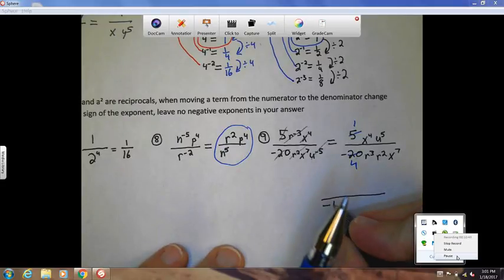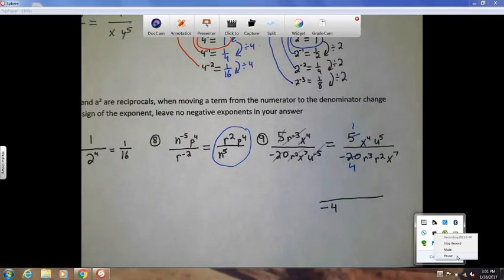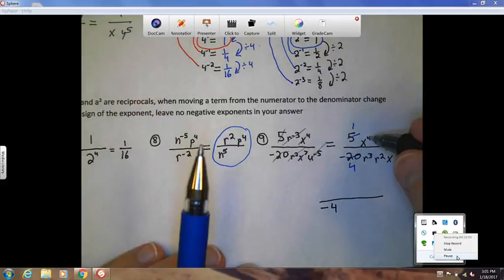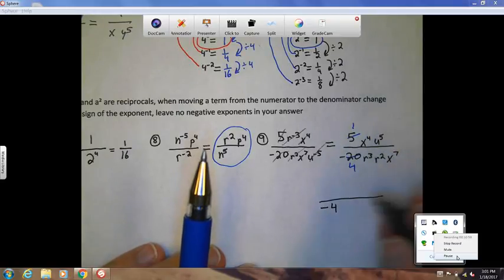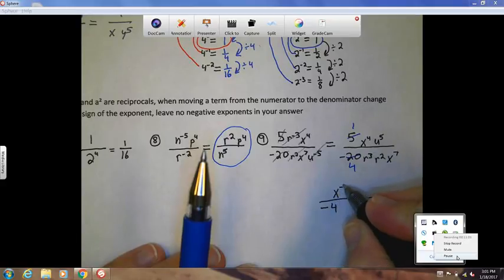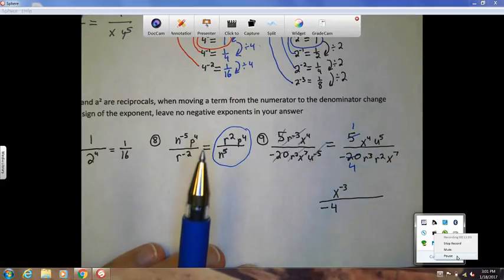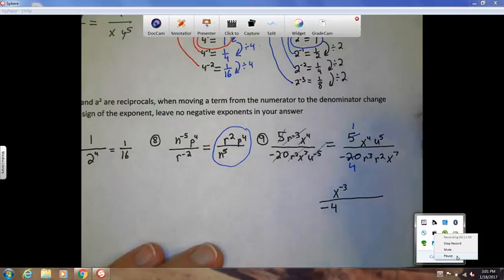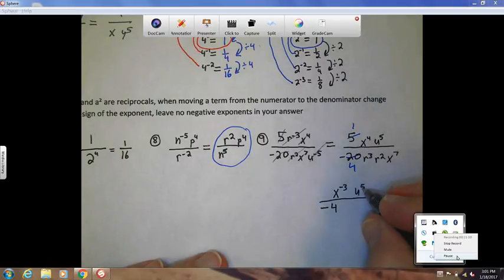For x, remember when you're dividing these, you subtract exponents. So 4 minus 7. So I have x to the negative 3rd. U is fine, it stays. And r, I can combine these, so that means I add exponents: r to the 5th.